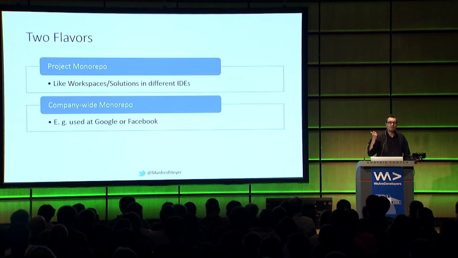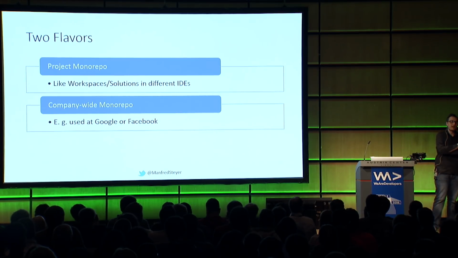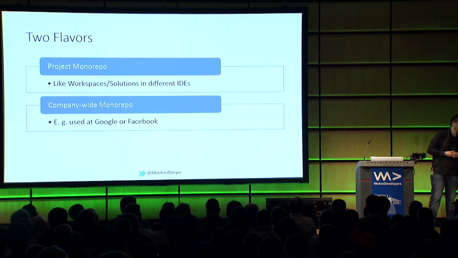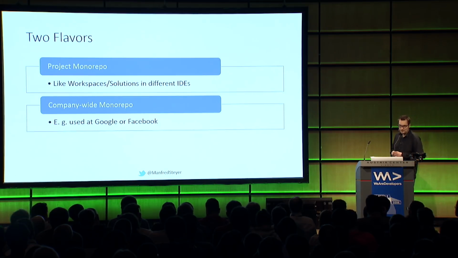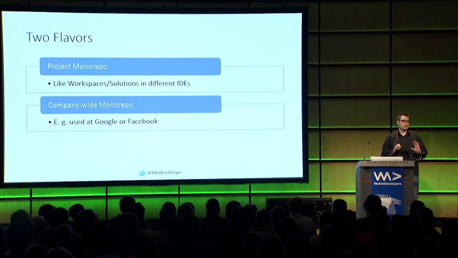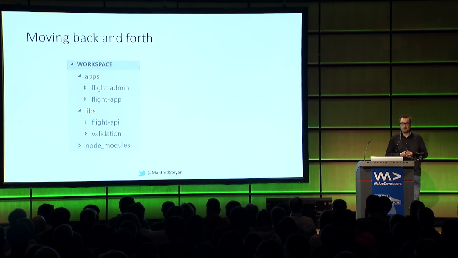They have just one monorepo for everything, and Angular is just one dependency, one additional library in this very same folder structure, so they don't have another chance but using the newest version of Angular. This is one of the upsides of this company-wide monorepo approach. But for the beginning, I would really recommend to start with a project monorepo.